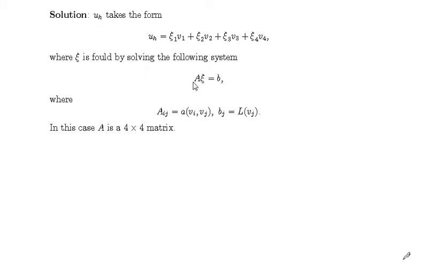So then we obtain that xi is a vector consisting of these 4 components, and A is a 4 times 4 matrix with elements given by this, and B is this vector of 4 components, L of v1, L of v2, L of v3, and L of v4.